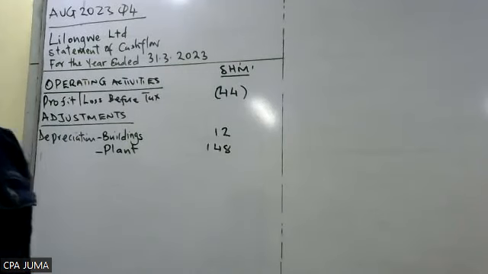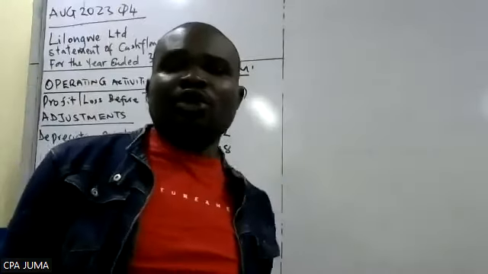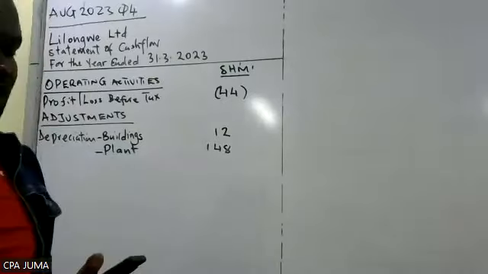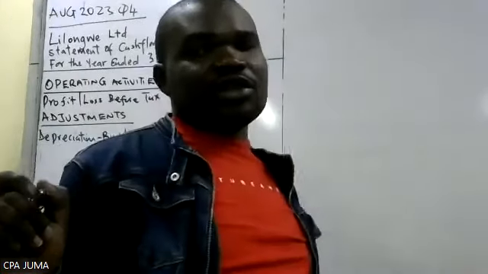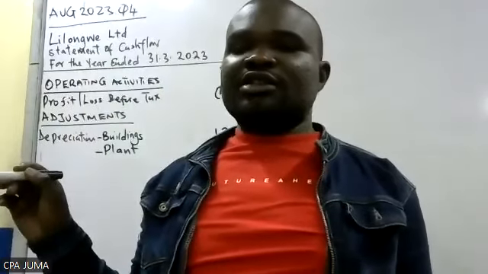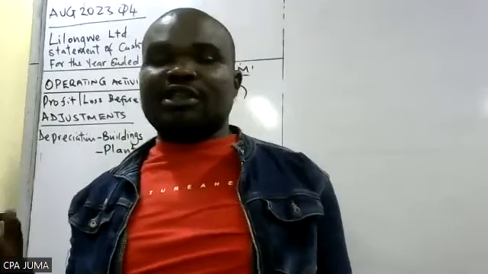So you add that one there. That is okay. Then the next item, you check if there was amortization. How will you know there is amortization? You go to the balance sheet, you check if you have intangible assets. If there is a decrease in value of intangible assets, then that is amortization.